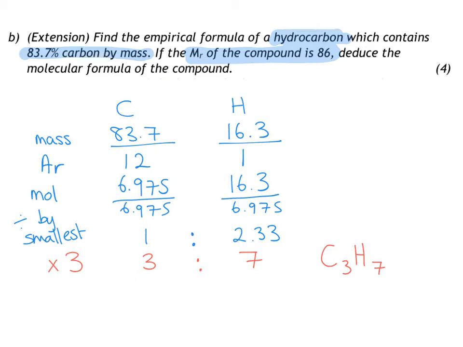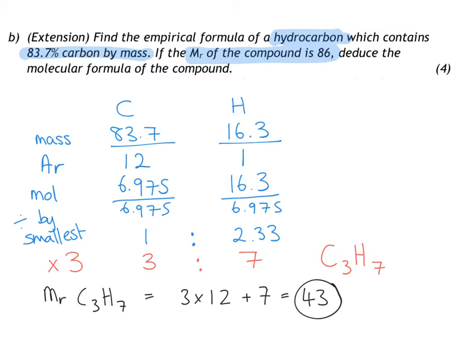So in this case, I've got C3H7. I'm going to work that out. The Mr of C3H7, which is not a real molecule. If you try and draw that with displayed formula, it doesn't work. So I've got 3 times 12 plus 7, and that gives me 43. And hopefully we can see straight away that 43 goes twice into 86.